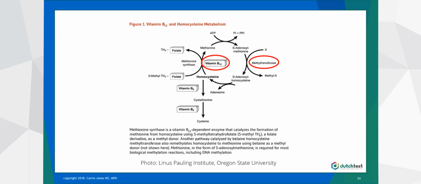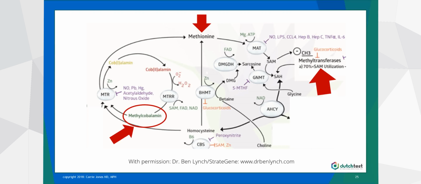Here is another visual showing you that B12 is important as homocysteine swings around to methionine so that you can make the methyltransferase, which is circled there in red. So COMT or PNMT. If you're doing genetic stuff, make sure you look at your methyltransferases and see what's going on, but B12 may be a key marker for you.